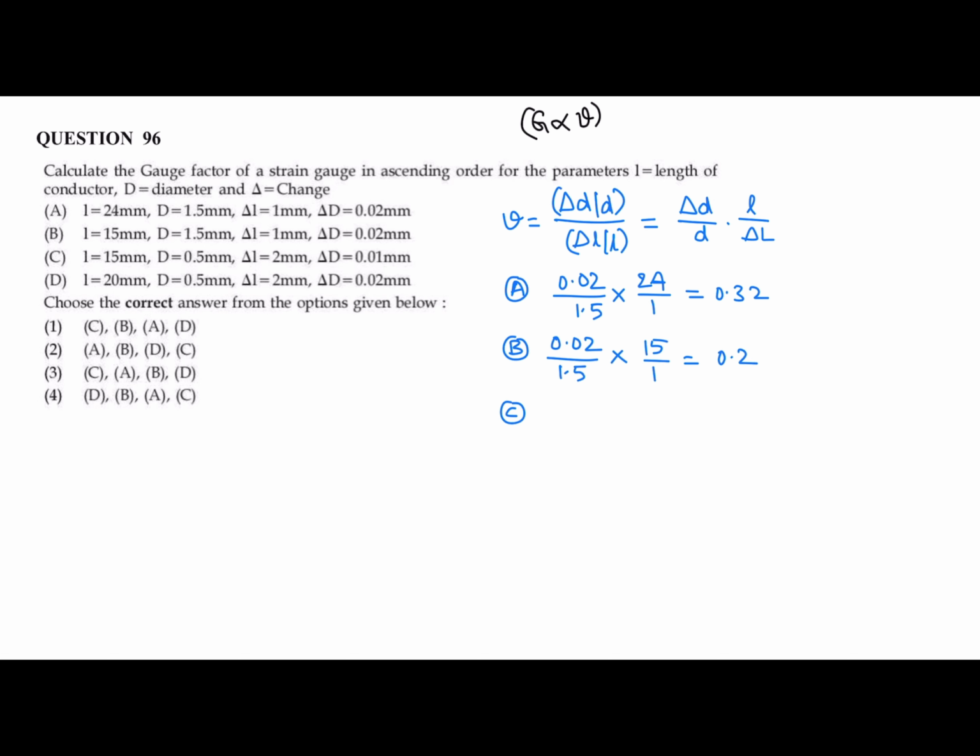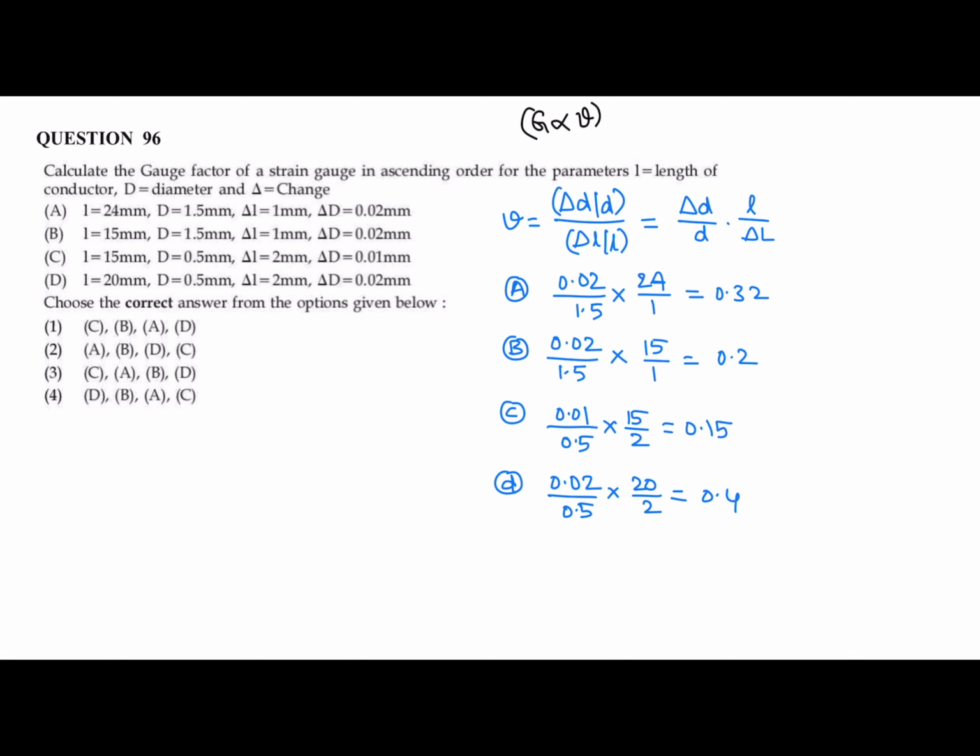For option C, delta D is 0.01 by 0.5 into 15 by 2, that is 0.15. For option D, 0.02 divided by 0.5 into 20 by 2, its value is 0.4.